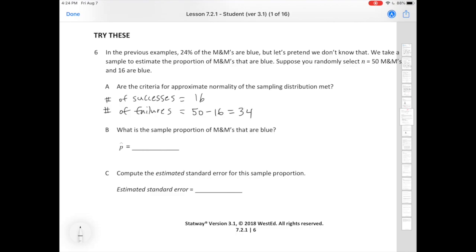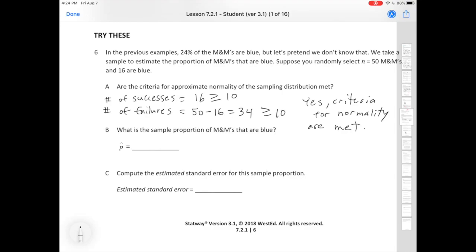Because if 16 of them are blue, then that means that 34 of them have to not be blue. And these are both bigger than 10. So, yes, the criteria for normality are met. Okay? When we ask you to show this on an exam or something, yes, you do need to write this down. You need to show the two numbers and you need to say that they're both bigger than 10. This is how we know that you understand what this question is asking.